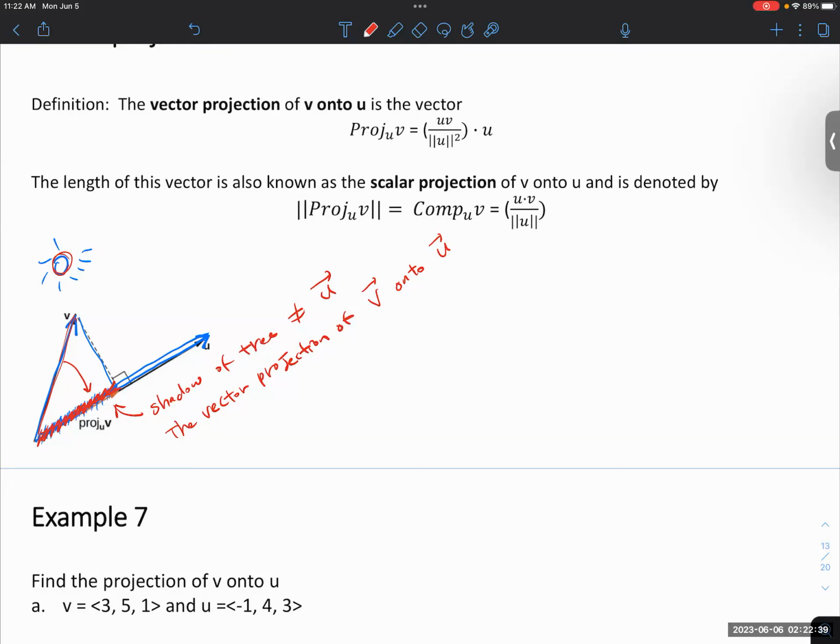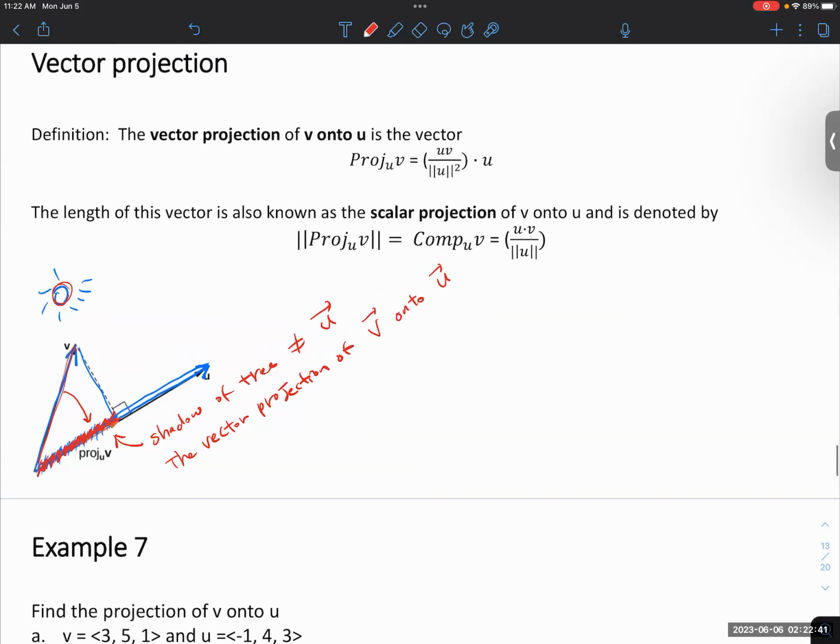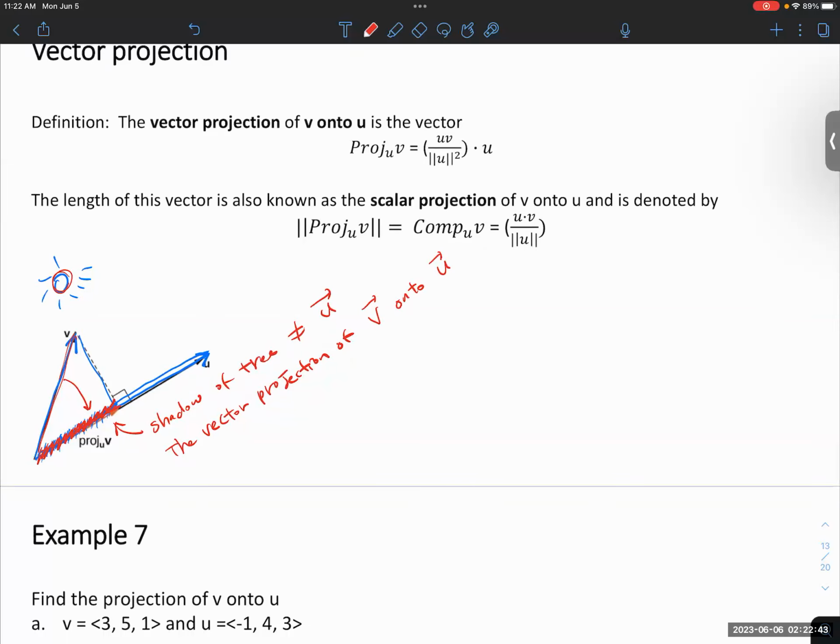So we're going to think about a couple things. We're going to talk a little bit about the formula, but you don't need to really worry about it. So I'm looking for the length of a projection onto u.